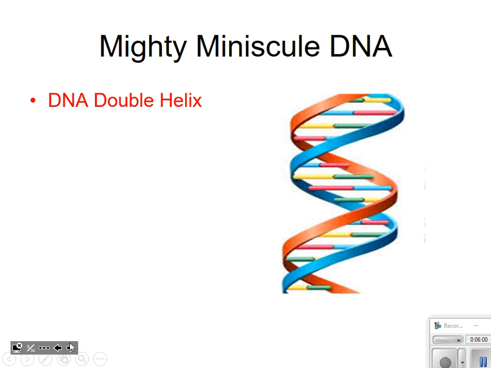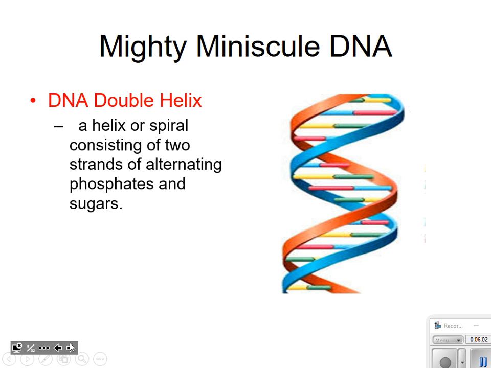So this is the thread-like part that we were just talking about. The DNA double helix is a helix or a spiral consisting of two strands of alternating phosphate and sugars.